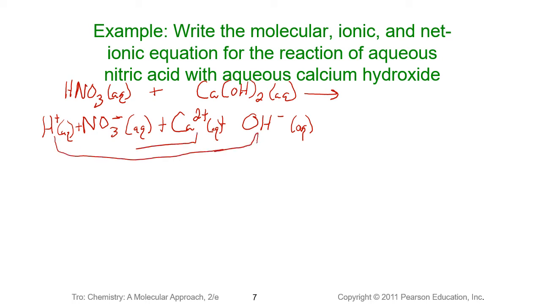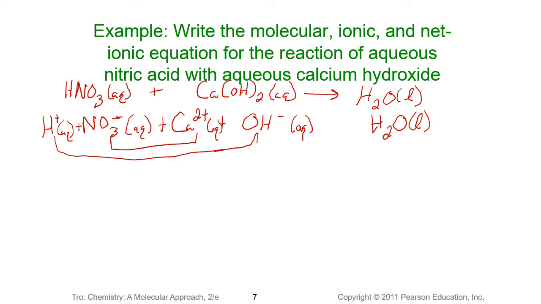Now when we predict the products, we're going to take the cation of one and put it with the anion of the other. So the H plus and the OH minus are going to combine, and when H plus and OH minus combine, we get water.